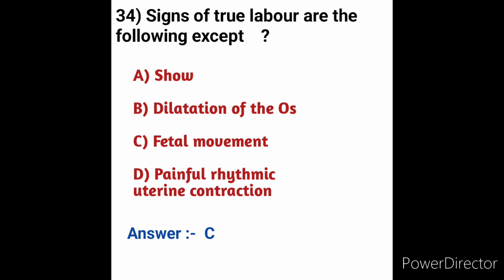When a person is getting labor pains or true labor, they will not feel fetal movement at that time. They will feel regular contractions, pain in the abdomen and low back pain, and also increasing vaginal discharge. The amniotic fluid breaks, and clear, pink or brownish colored vaginal discharge will be there. Here, the exception among signs of true labor is fetal movement.